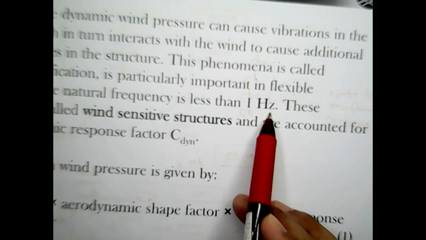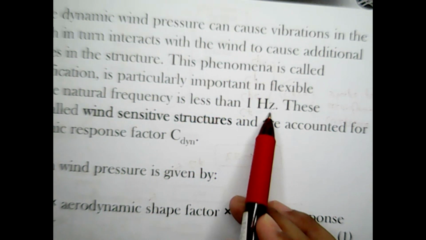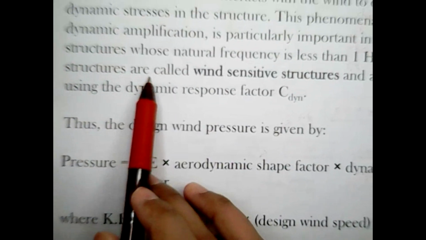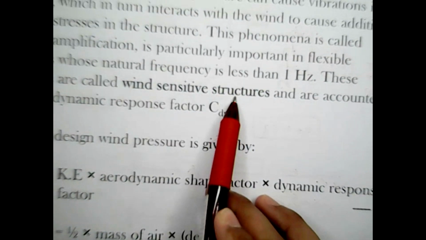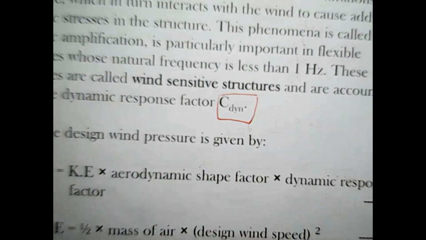If the building's frequency is less than 1 hertz, the building is susceptible to higher resonance and higher dynamic effects. Therefore, buildings with less than 1 hertz are called wind sensitive structures and are accounted for using the dynamic response factor, which we call C dynamic.